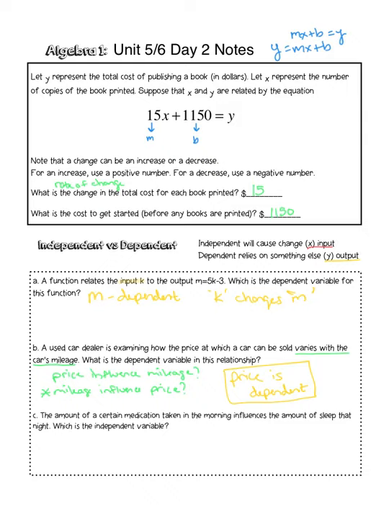Next one. The amount of a certain medication taken in the morning influences the amount of sleep that night, which is independent? I'm going to write the two questions again. Does medication influence sleep, or does sleep influence the medication?